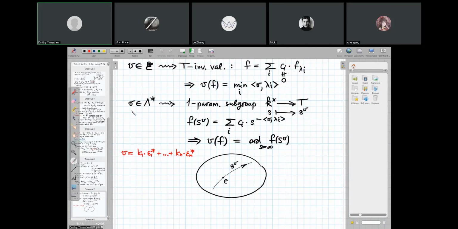So if V is expressed as a linear combination of these basis vectors, then what is S to the power V? S to the power V is an element in T, which is a tuple of coordinates. And these coordinates are S to the power k1, etc., S to the power kn. Okay? But this expression, of course, depends on the choice of the basis, and this notation is independent of the basis.